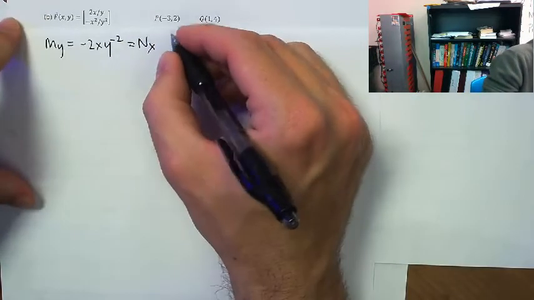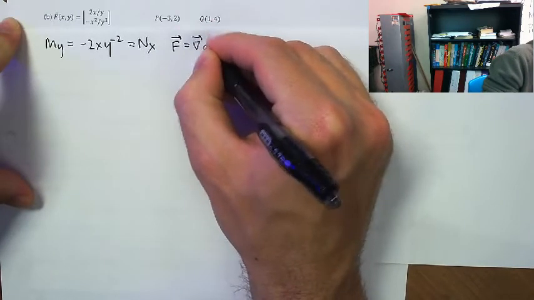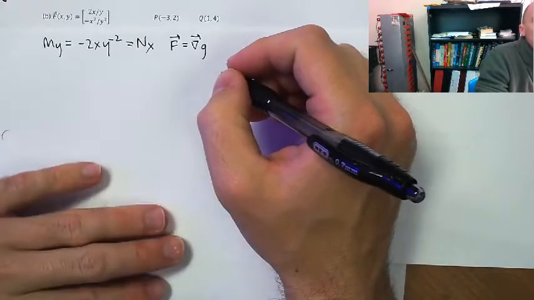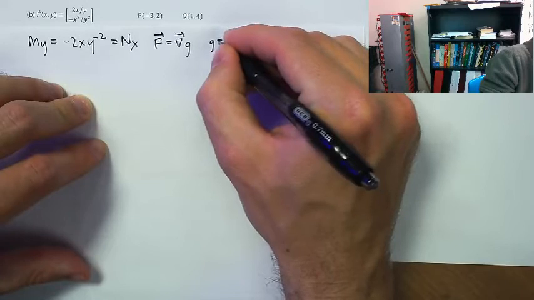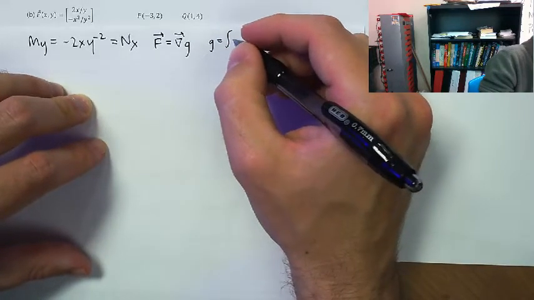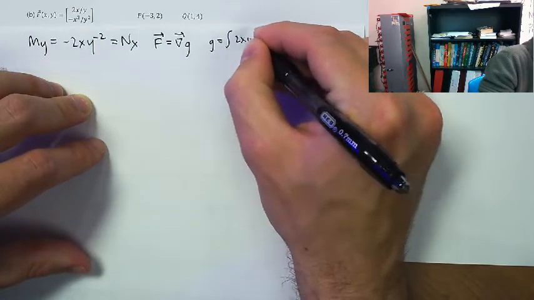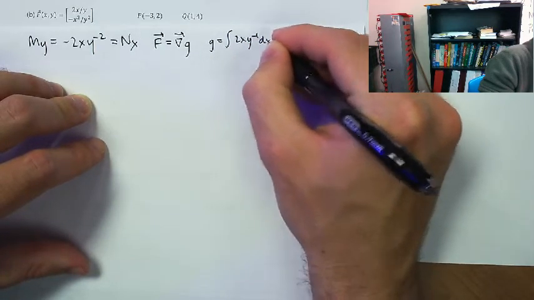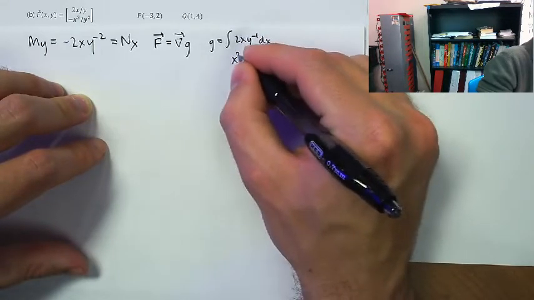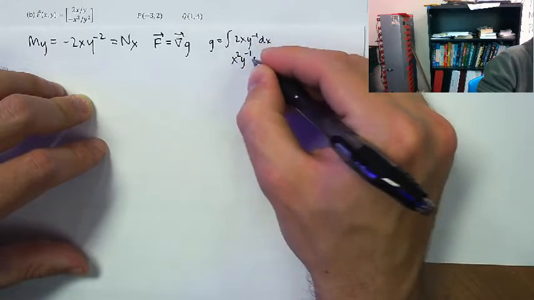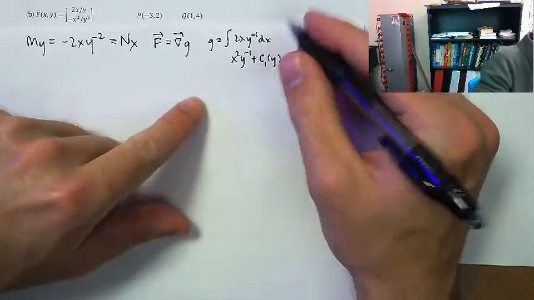Okay, now I'm going to find a potential function. So I'm going to say f is going to be the gradient of g, and g is going to be an antiderivative for 2x y to the negative 1 with respect to x. So we'll anti-differentiate with respect to x and get x squared plus some function of y.